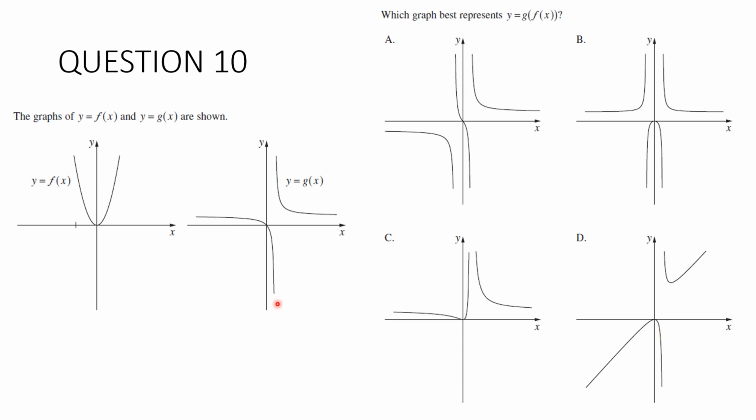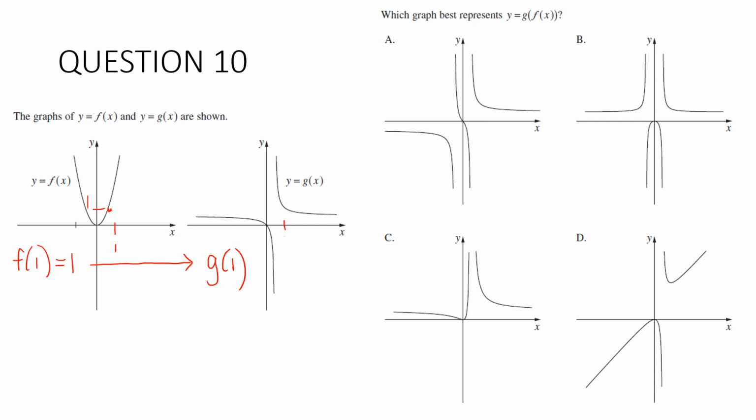So let's start over here with the point at x equals 1. And I'm just going to make this up, basically. Looking at the scale, I'm going to say that this is the point 1, 1. So that means that f of 1 is equal to 1. So that output becomes the input over here, g of 1.